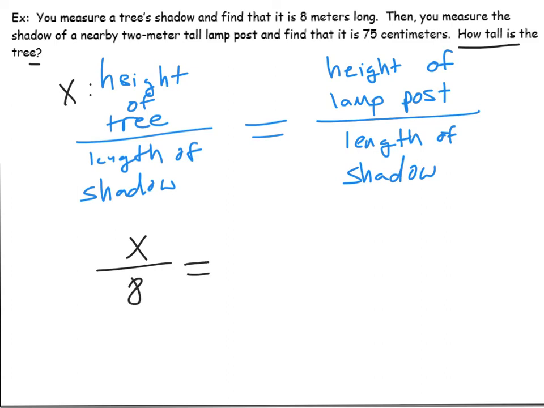Over here I need both. The height of the lamppost is 2 meters and its shadow is 75 centimeters. I have to be careful here. I need to move that decimal place twice because I need that in meters. Tricky little thing there.